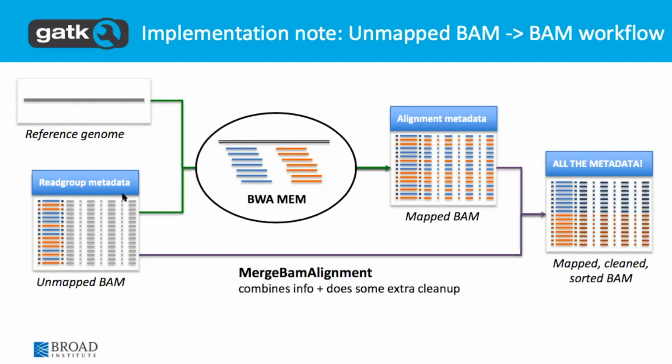Then it combines the unmapped BAM with the mapped BAM to include the metadata information using this tool called MergeBamAlignment. Andre spoke about how sometimes your reads may have some bacterial contamination. So apart from merging unmapped BAM with mapped BAM, MergeBamAlignment also does some cleanup of the reads.